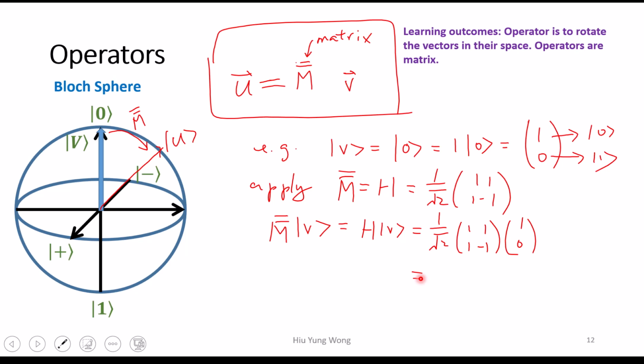Someone? It should be a very simple multiplication. Row times column becomes the first element. Row times column becomes the second element, right?